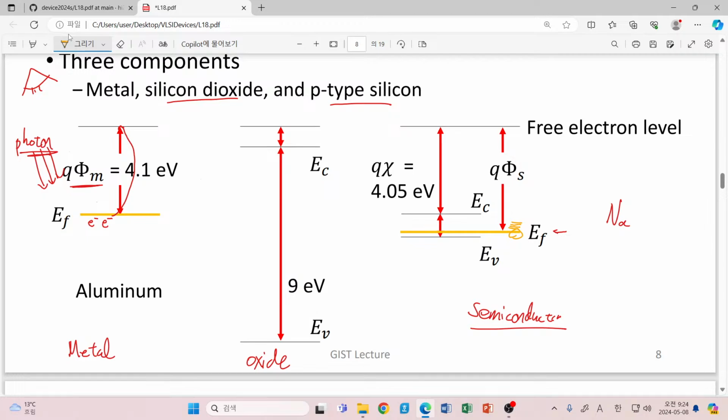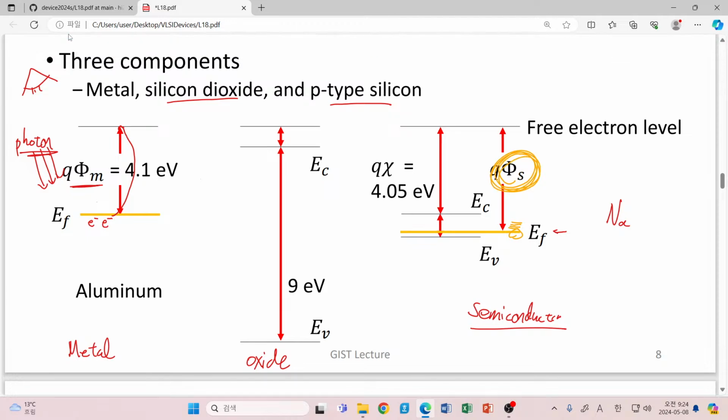So therefore, this phi s, the work function of a semiconductor, is not a material dependent quantity. In addition to the material, it is also dependent on doping, so Na dependency can be found.